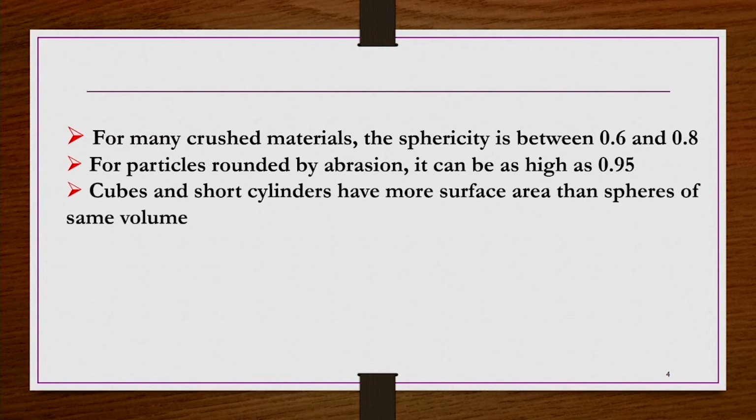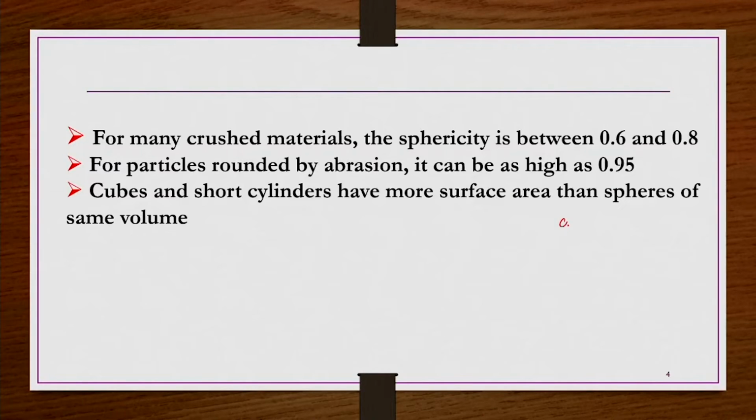And then some cubes and short cylinders have more surface area than spheres of the same volume, which we are going to prove again in subsequent slides. Let us say you have a short cylinder with L equals D, or a cube with L equals D. If the volume of the short cylinder is the same as the volume of a spherical particle of size dp, then the surface area of the cylindrical particle is going to be higher.